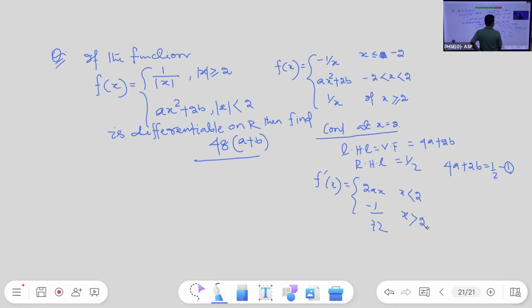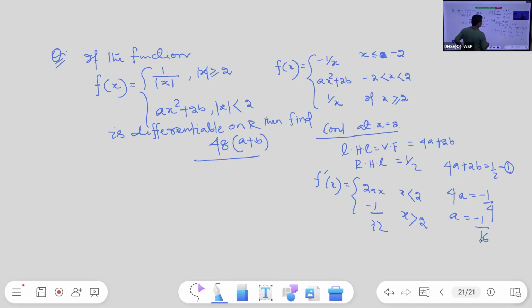Since the function is differentiable, left hand derivative should be equal to right hand derivative. Left hand derivative is 4a. Right hand derivative is minus 1 by 4. So 4a is equal to minus 1 by 4, and a is equal to minus 1 by 16.